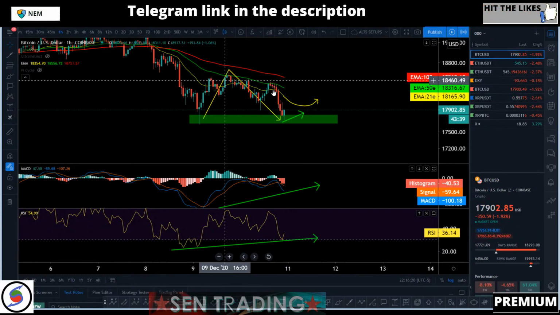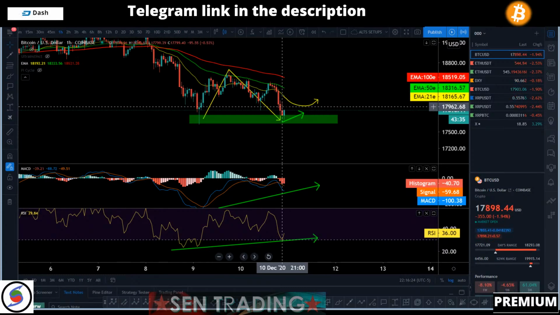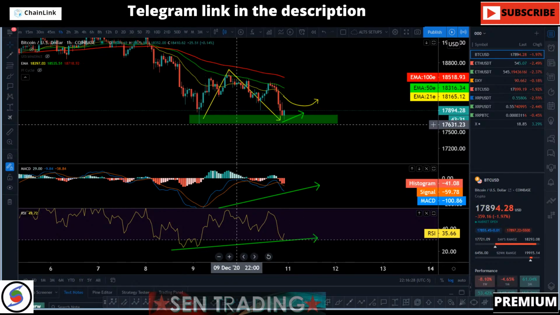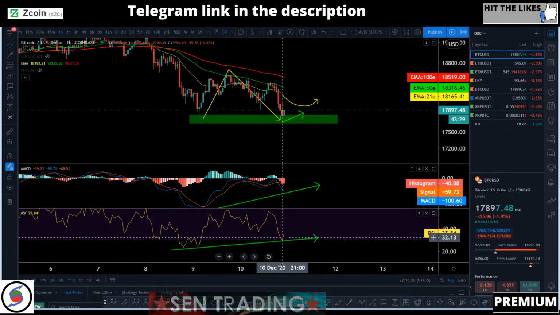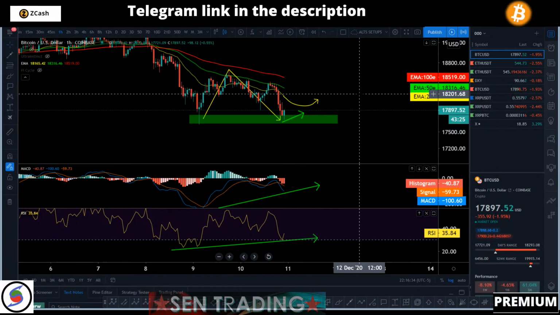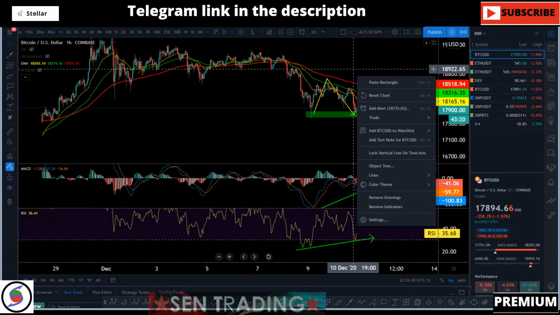So first, second, most likely the third retest, if price action pushes above the 21 EMA with the double bottom support and double divergence, pretty strong, that could be a short-term trade to look for for the bulls.